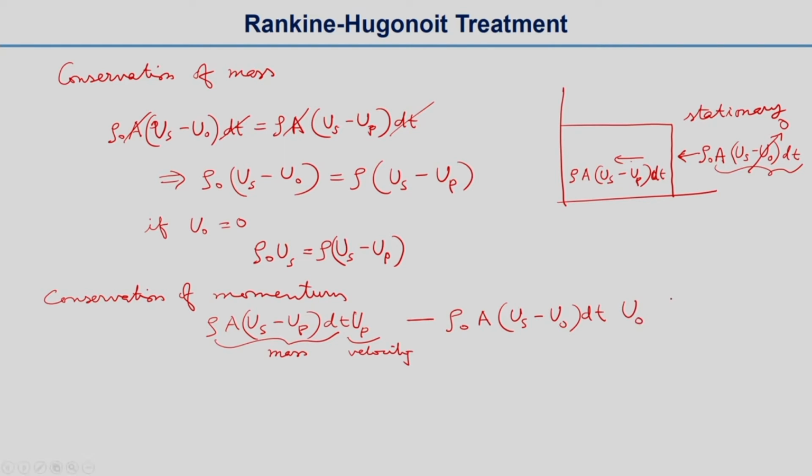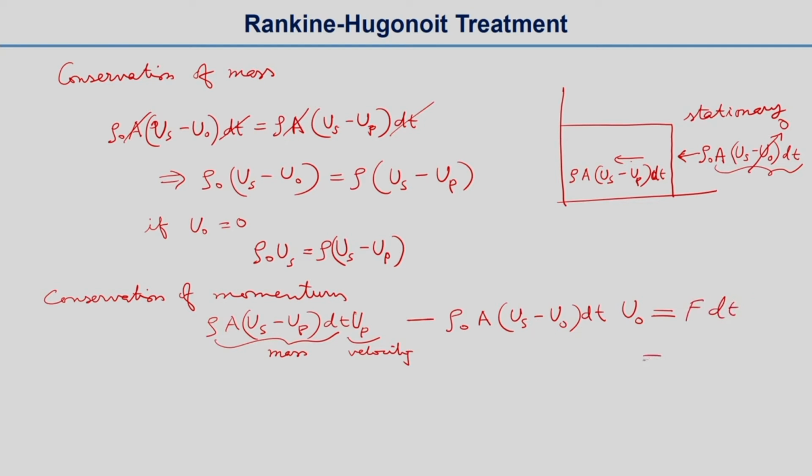If you see the figure, one is ahead of the shock front and one is behind the shock front. This difference in momentum will be equal to the impulse, F dt.